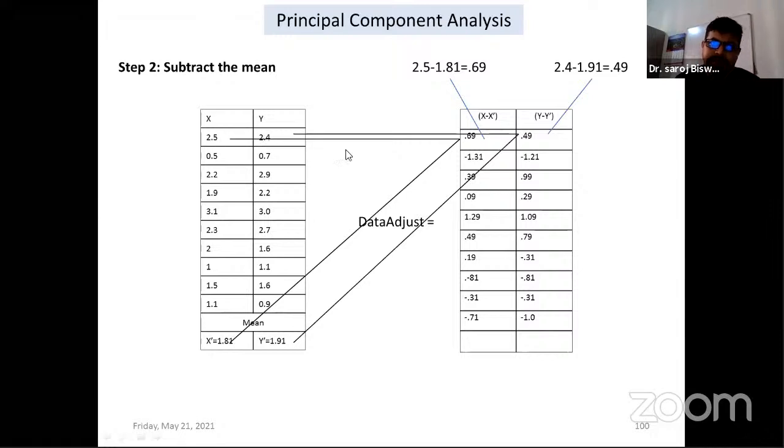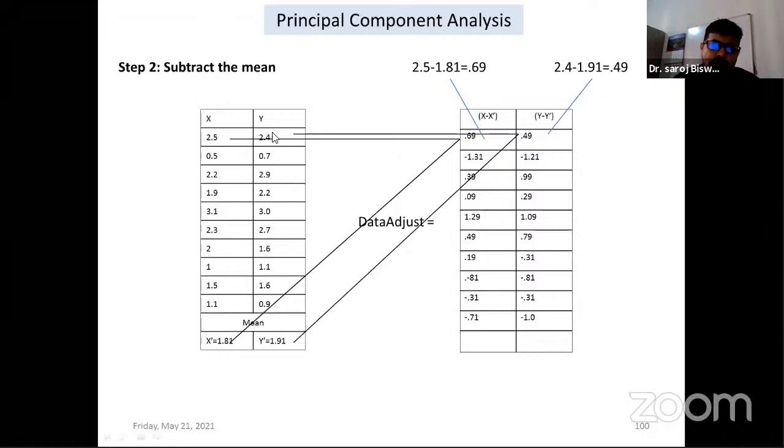Similarly, we can calculate this subtracted mean for the value 0.5. Similarly, 2.2. Similarly, 1.9. For 1.9, what do we need to do? 1.9 minus 1.81. If you do this, the value becomes 0.09. Similarly for 3.1, similarly for 2.3, similarly for all the x's.